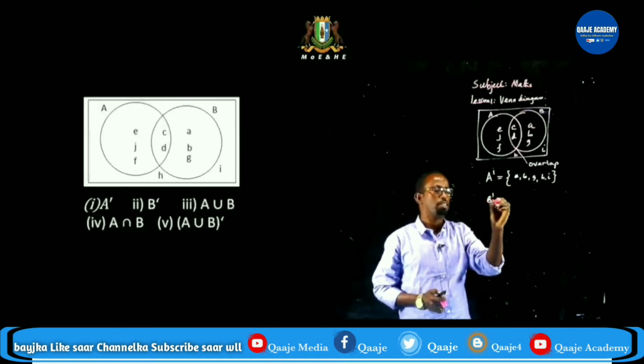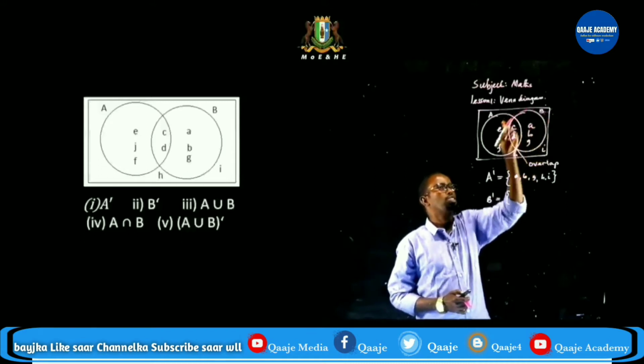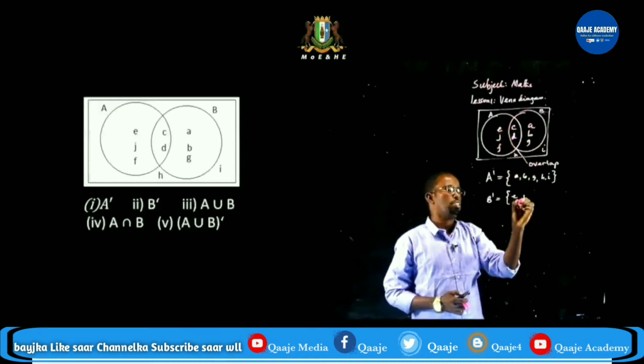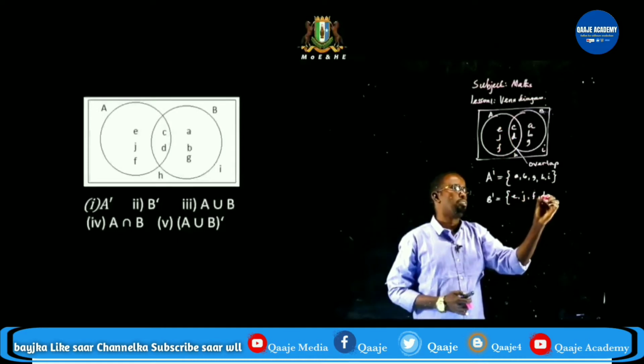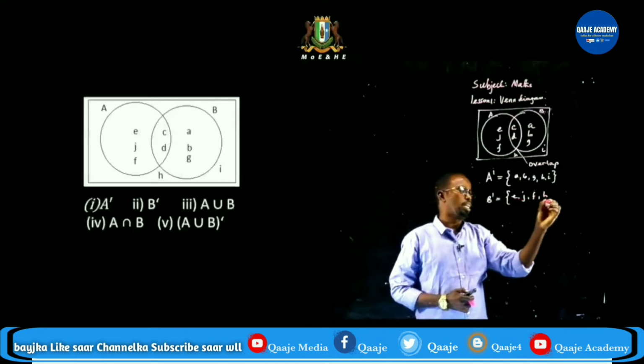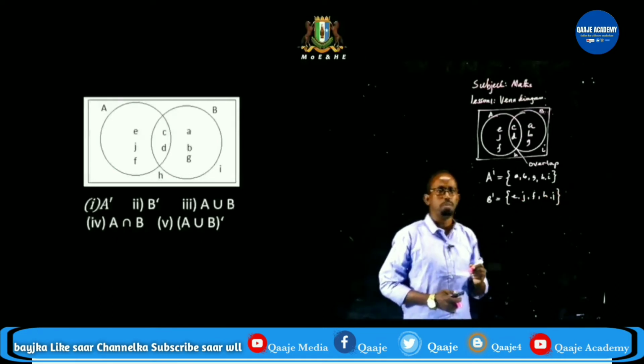B complement means all the elements outside B. Outside B we have E, J, F, H, and I.